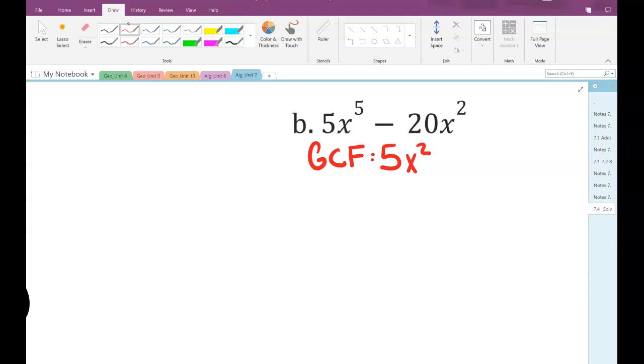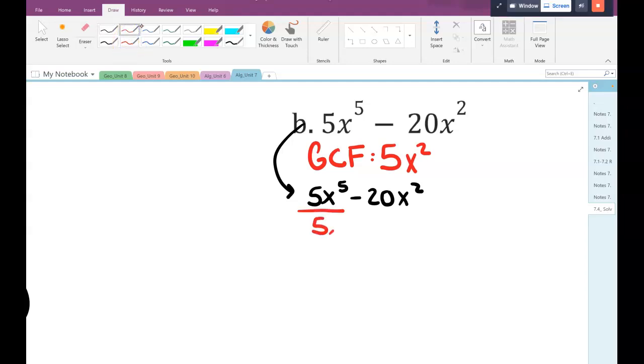So our greatest common factor is 5x squared. I'm rewriting what I have. Now I'm factoring out, or dividing by, my GCF, and putting it in factored form. That's what the FF is standing for.